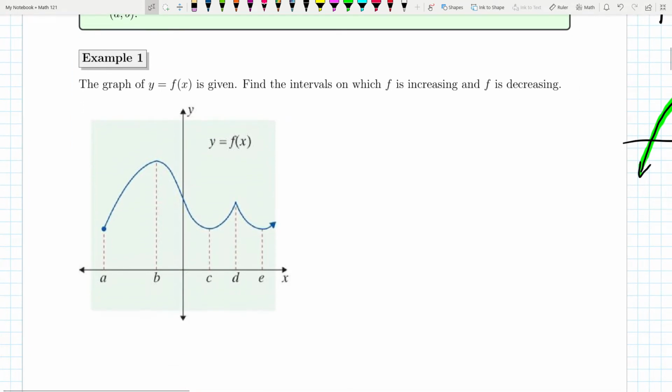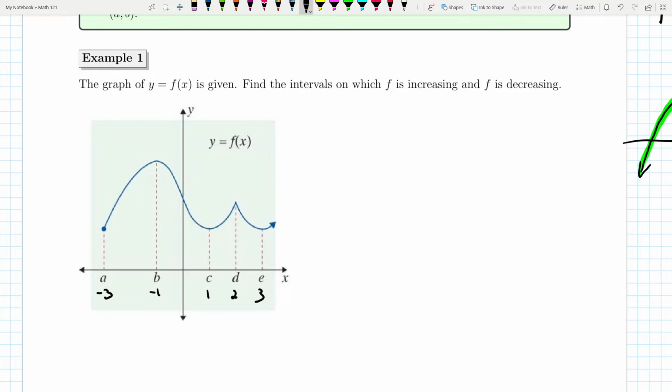So let's look at a very brief example involving a graph. We have this graph of f of x. It's not defined in explicit form, but they're giving us some points A, B, C, D, and E. To make our lives easier, let's put numbers: -3, -1, 1, 2, and 3. They're asking us for the intervals on which f is increasing and where f is decreasing.